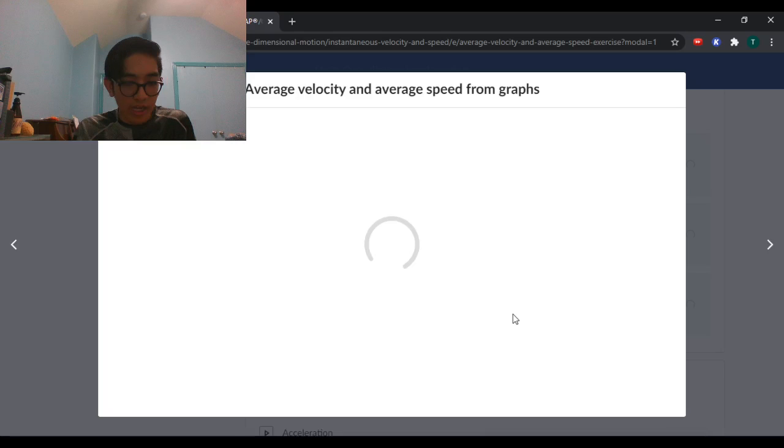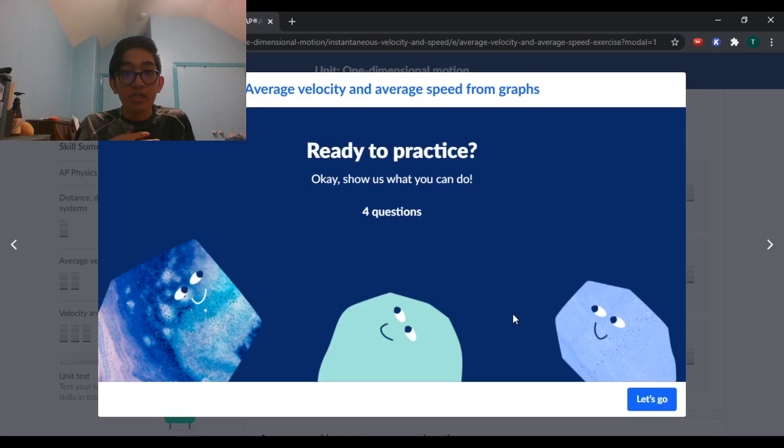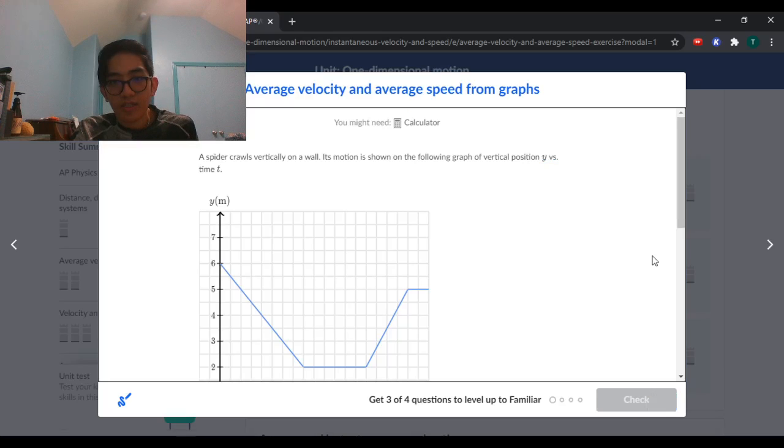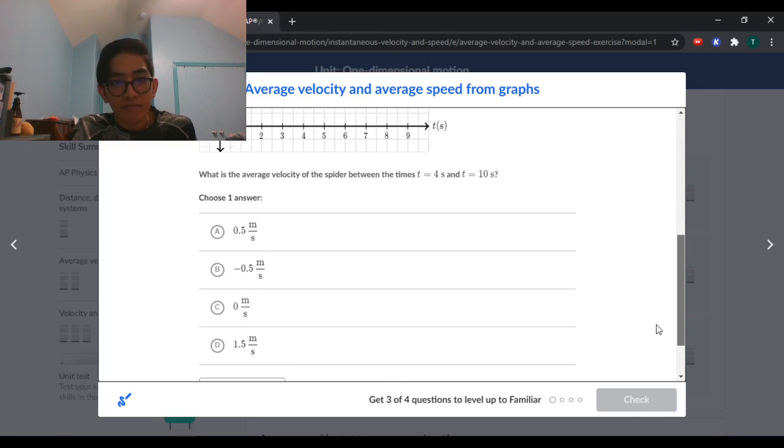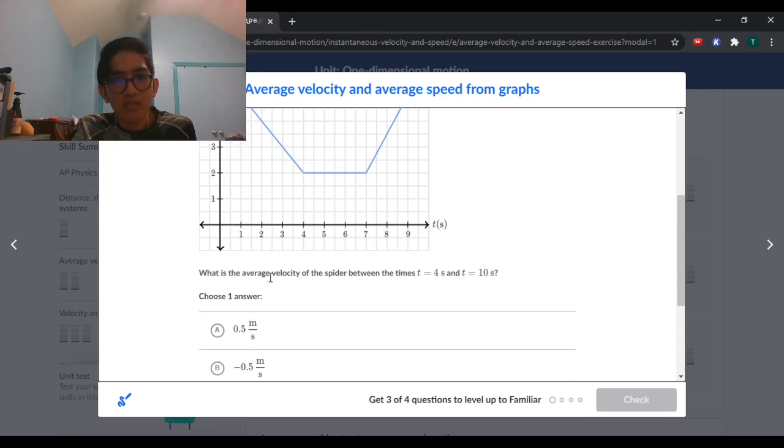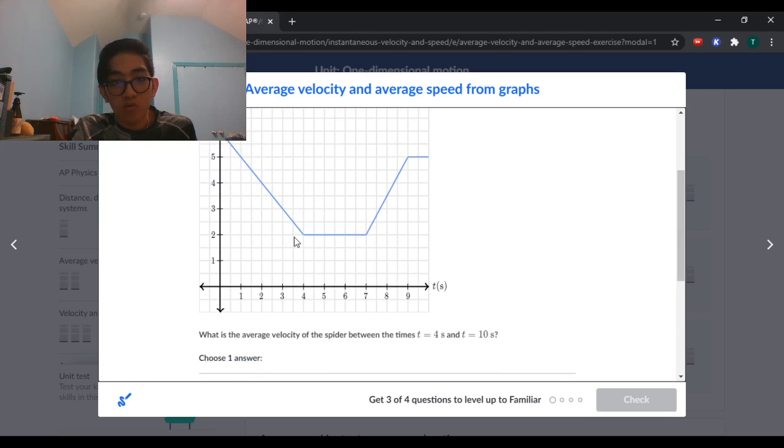Average velocity and average speeds from graphs. So this is basically what I was talking about. Okay. What is the average velocity of the graph between 4 and 10? Well, let's see here. From 4 to 10. You can see here that we have movement, then no movement, then movement. So 10 is here, but 4 starts here.